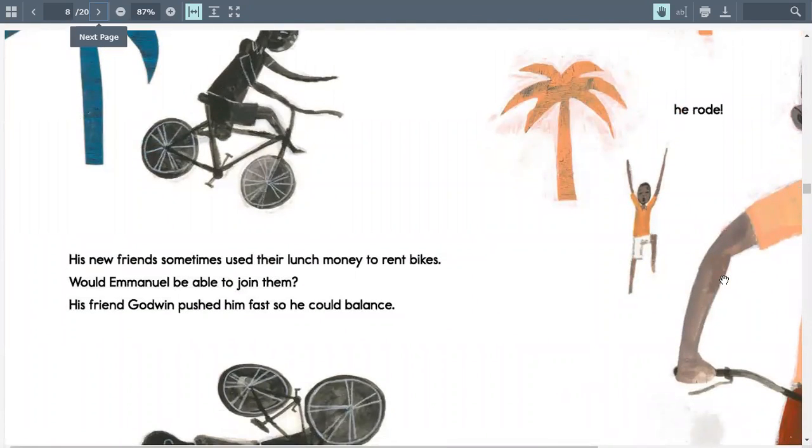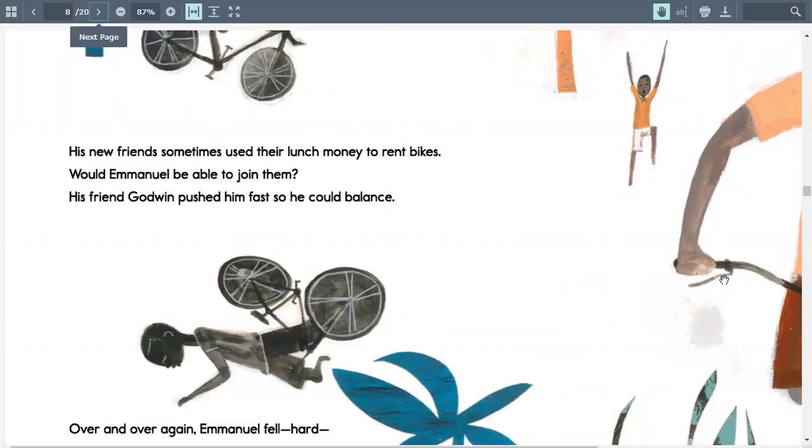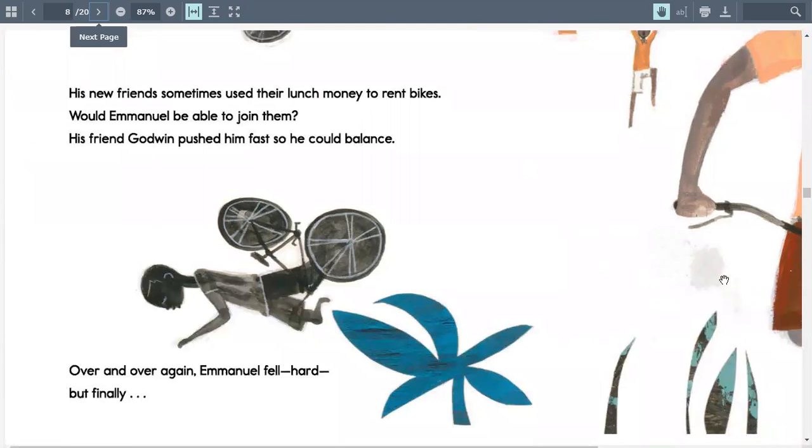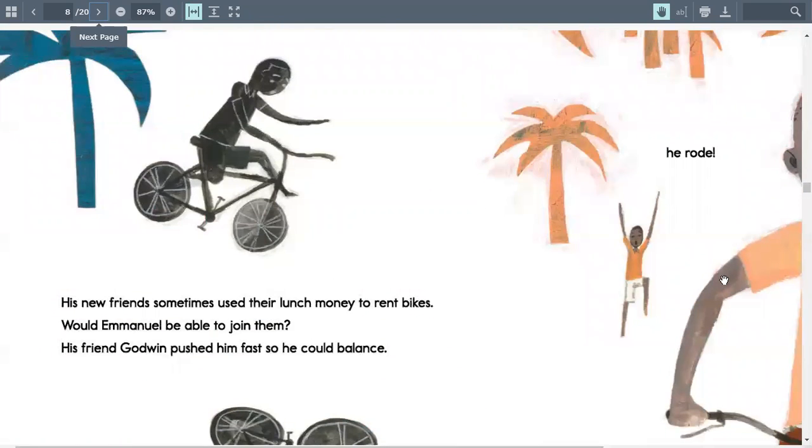His new friends sometimes used their lunch money to rent bikes. Would Emmanuel be able to join them? His friend Godwin pushed him fast so he could balance. Over and over again, Emmanuel fell hard, but finally he rode.